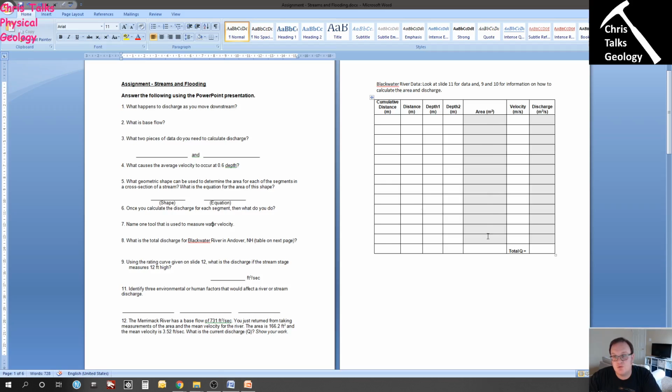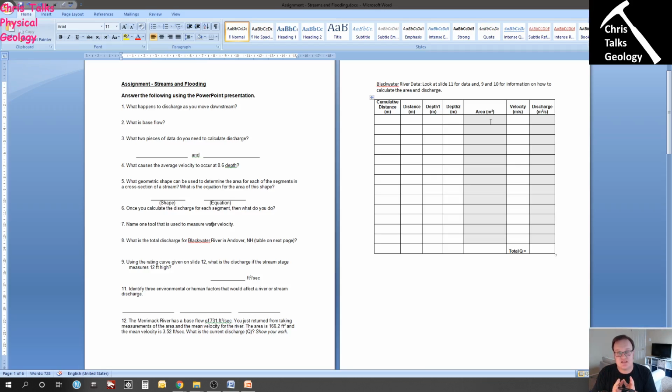The area you will obviously calculate using the trapezoid calculation, and you're going to calculate the area by taking depth 1, adding it to depth 2, taking that number, dividing by 2, and then multiplying that by the distance, and that will give you the area. Make sure you do it in that order.